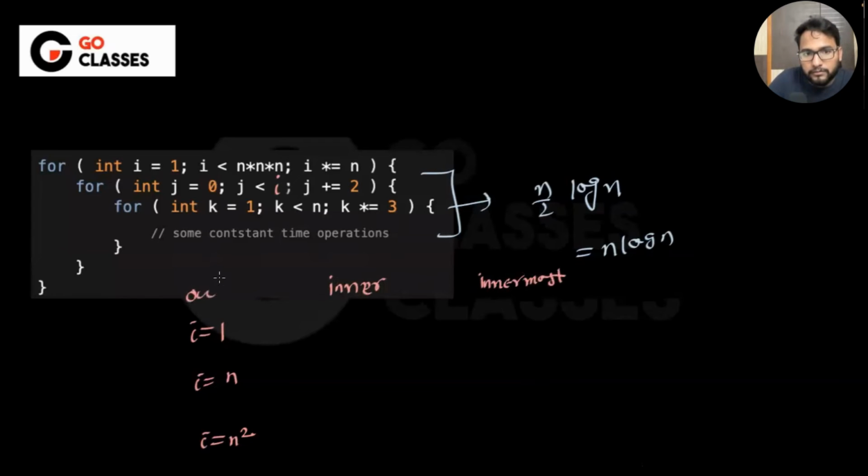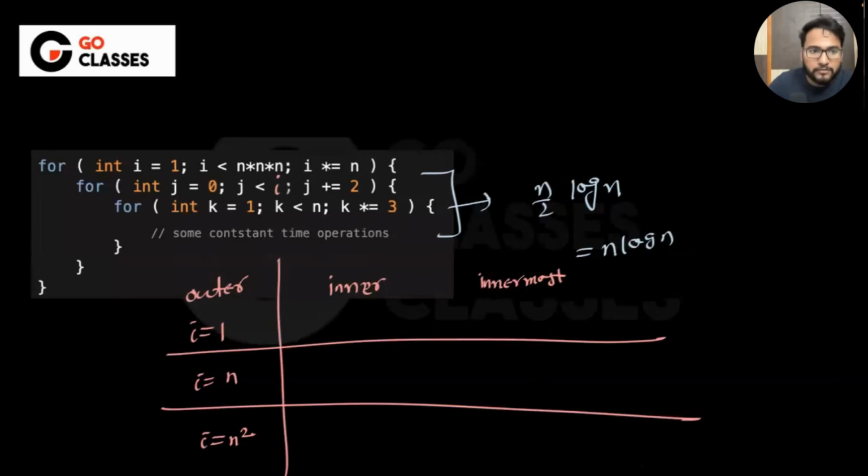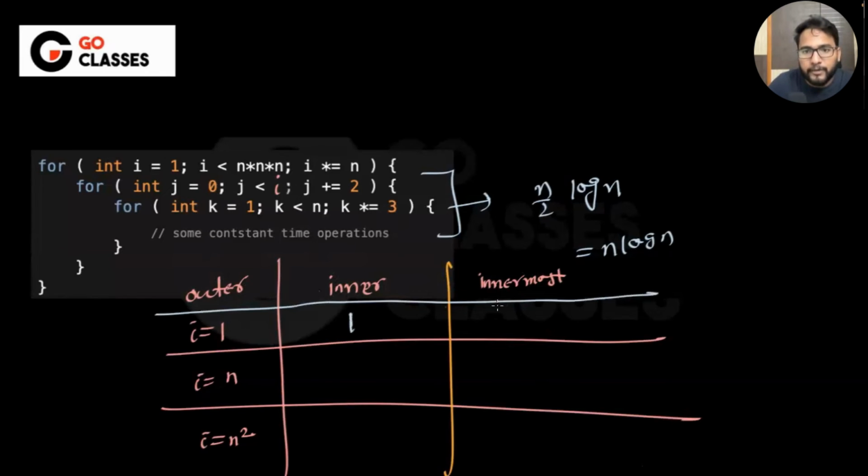For I equal to 1, this inner loop will run just one time. This is the innermost, this is the outer. Summation of all of this will be the final answer. The innermost will be running log n times.